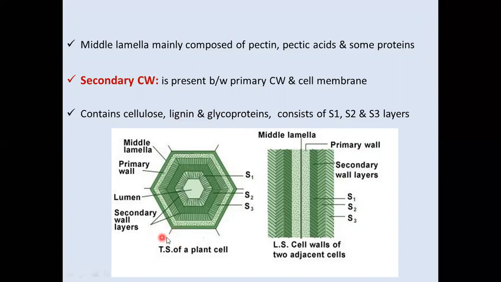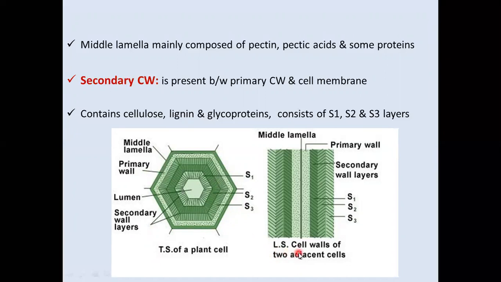So you can see here in this structure, this is the transverse section of a plant cell. These three represent the secondary wall: this is S1, this is S2, S3. This one is the primary wall, and this one is the middle lamella.